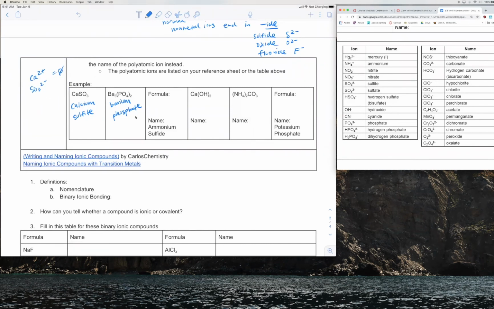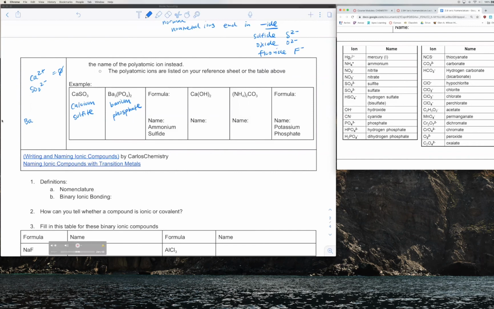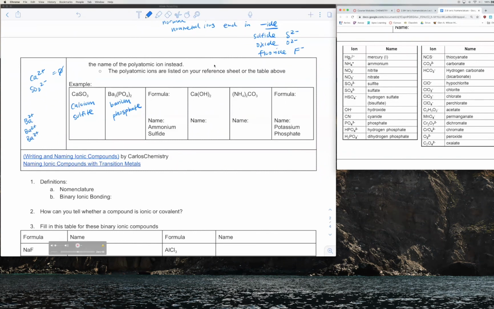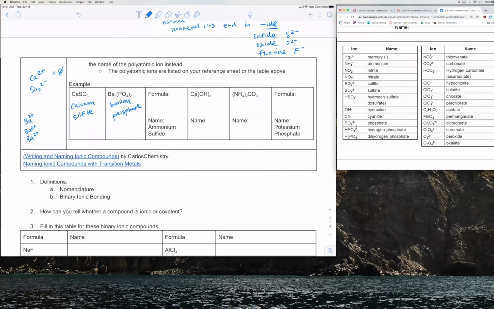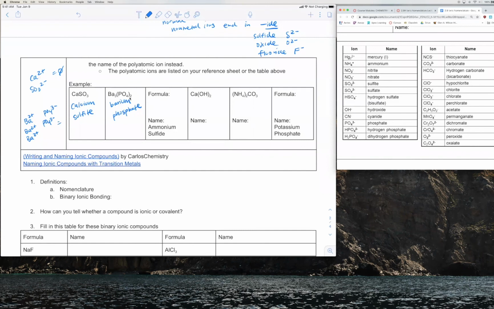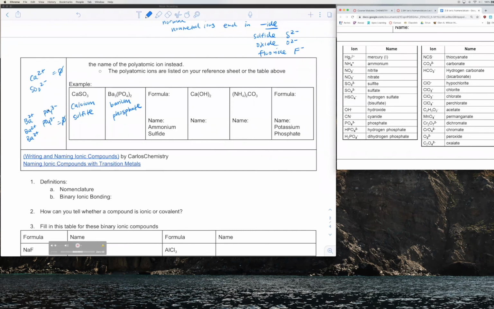If I have 3 bariums, each barium is 2+. And phosphate is PO4 3-, and here I have 2 of them, so PO4 3-, PO4 3-. You can see these charges also balance out to 0. +6 minus 6 is equal to 0.